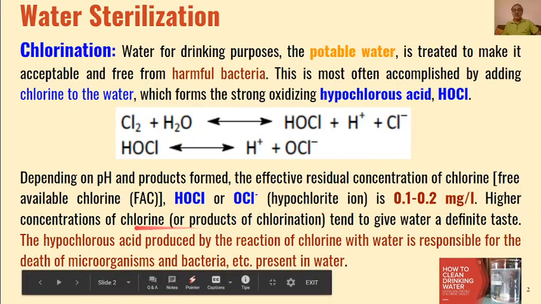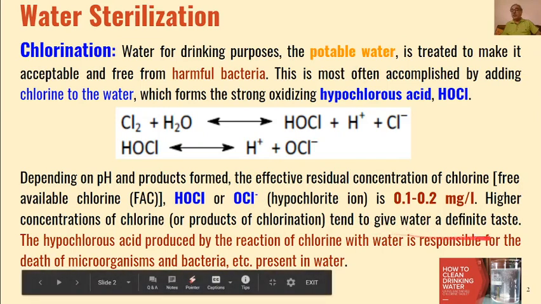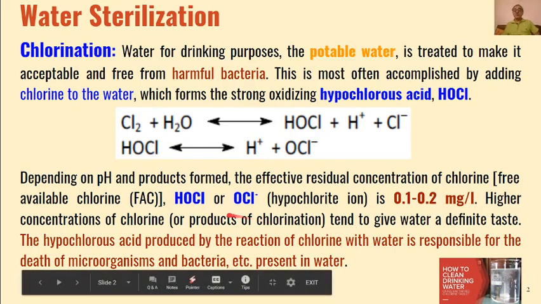This higher concentration of chlorine or products of chlorine, HOCl, hypochlorous acid, and hypochlorite ion, will give us a definite taste, and this taste is responsible for the excess amount of these two present in the water.